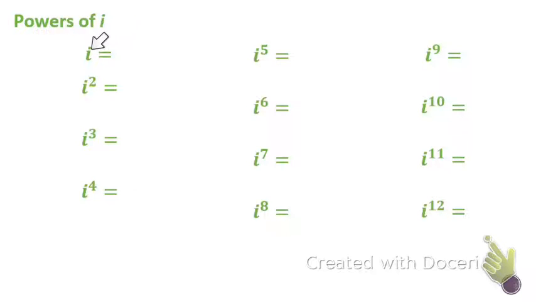This is an actual pattern. So we're going to start here: i squared, i to the third, i to the fourth, and we're going to go all the way up to i to the 12th. And it is a pattern.